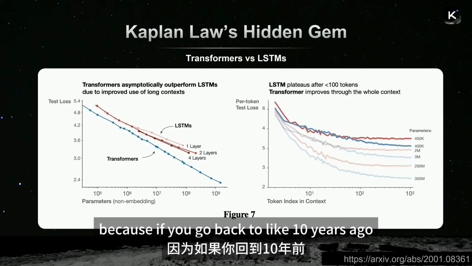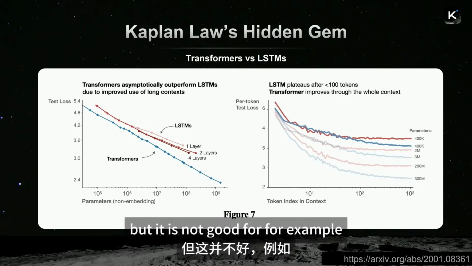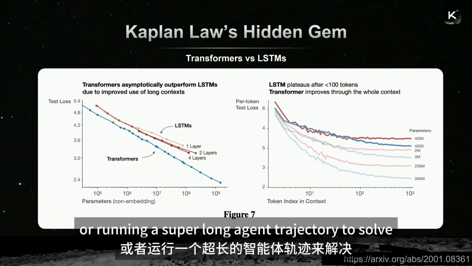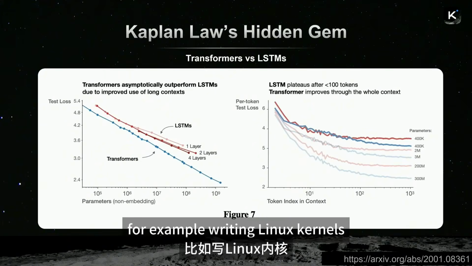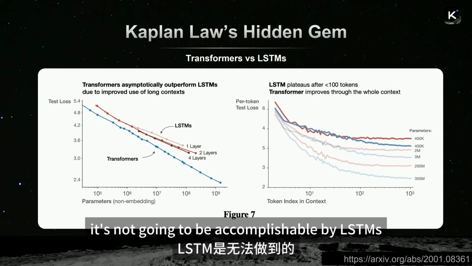Because if we go back to like 10 years ago, people used LSTM for tasks like machine translation, but it is not good for, for example, understanding an entire code base or running a super long agent trajectory to solve, for example, writing Linux kernels from scratch. It's not going to be accomplishable by LSTMs.